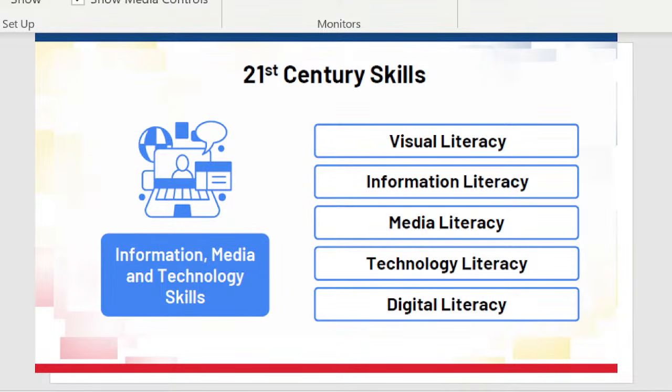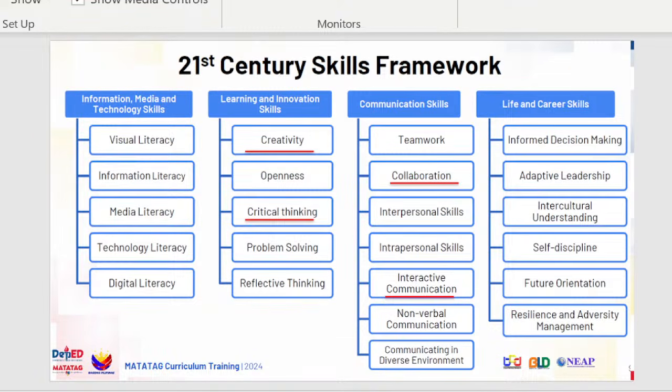So these are the different skills under information, media, and technology skills. So visual literacy, information literacy, media literacy, technology literacy, and digital literacy. So if we look at the 21st century skills framework, every domain, there are a lot of skills.